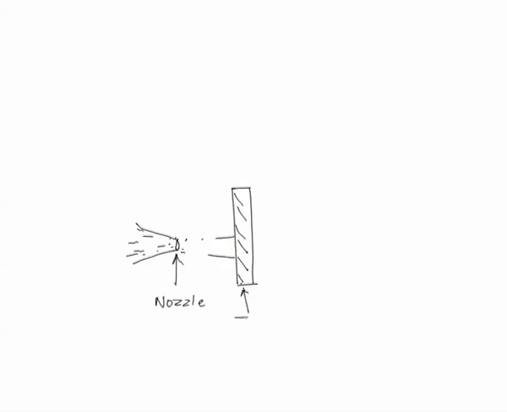This is what we call the target surface, and the jet will be moving towards the surface at very high speed. The gas, in most cases air, or it can be argon gas, or other generally neutral gas, plus abrasive materials.